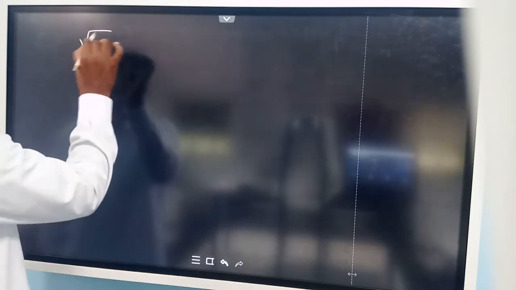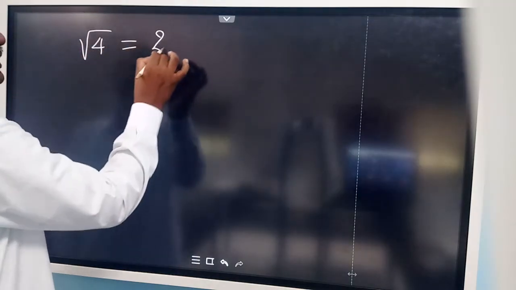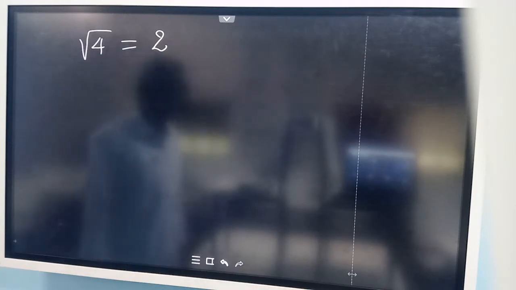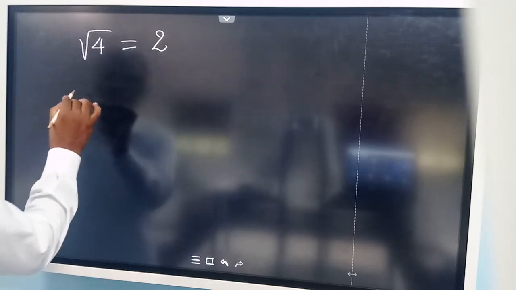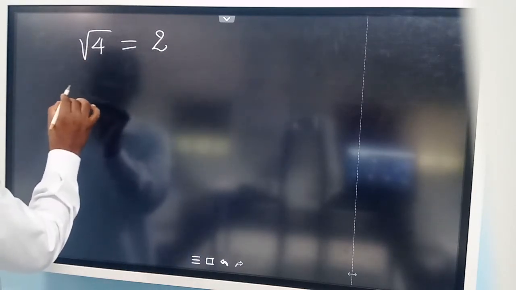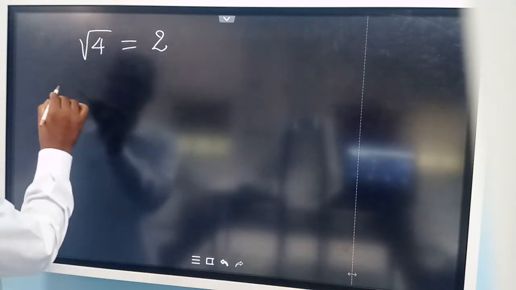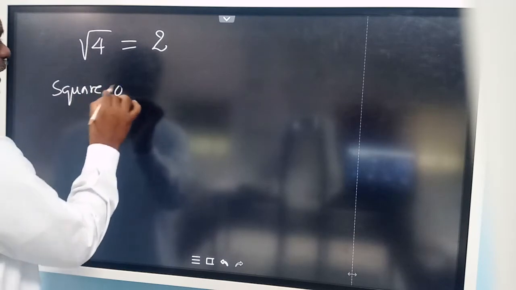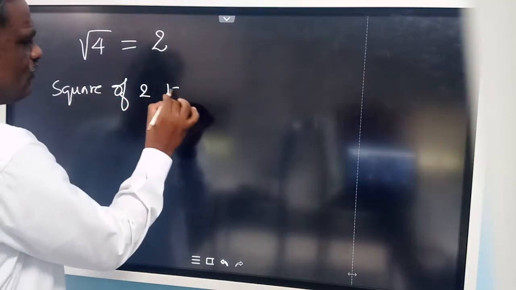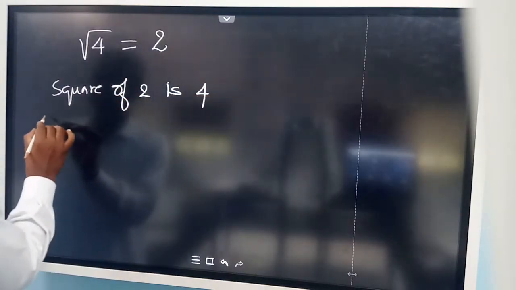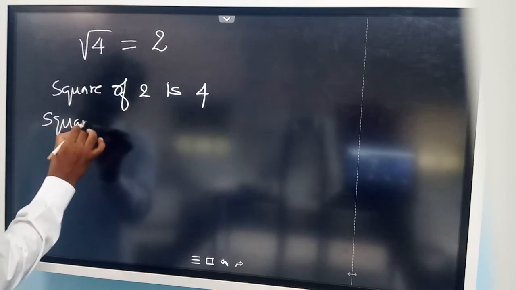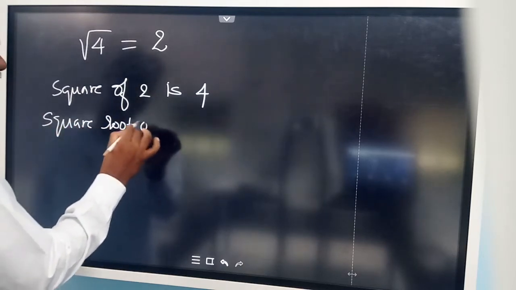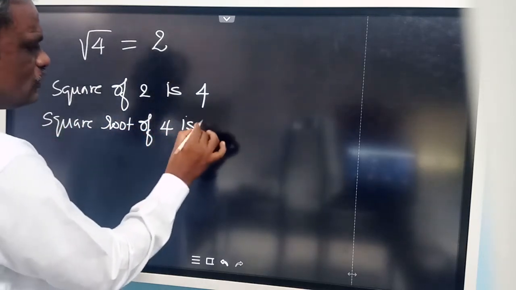We will take one example. Now, square root of 4, it is 2, isn't it? So now reverse operation I will go. I am going to the squaring of this number. Square of 2. Listen here. Square of 2 is 4. Therefore, square root of 4 is 2.